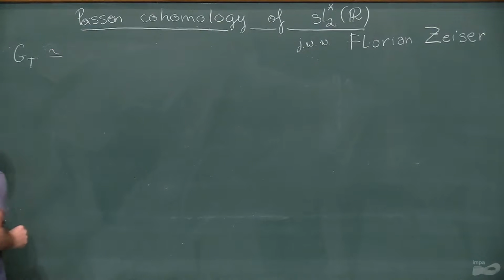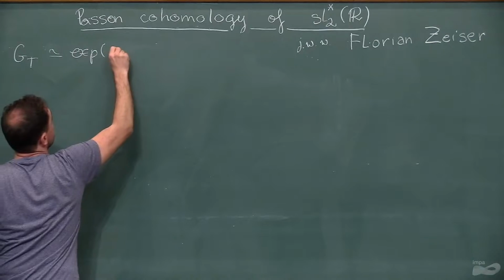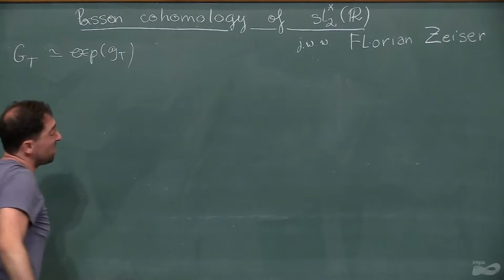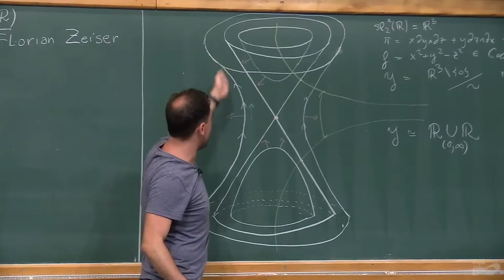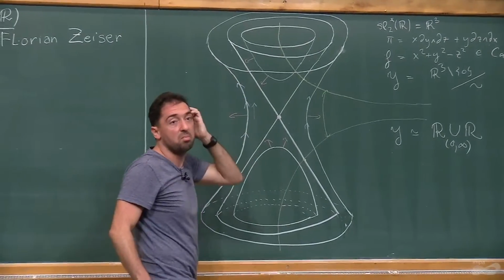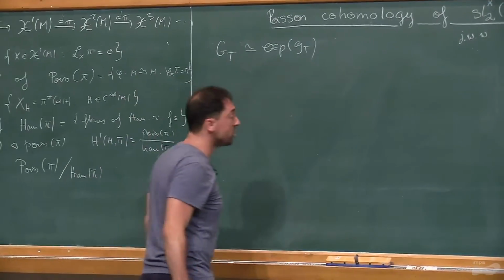This will be actually abelian, and you basically exponentiate vector fields in G_T, but then their flow is very easy to give. Like you basically move up along T with some distance η. So this is one group.